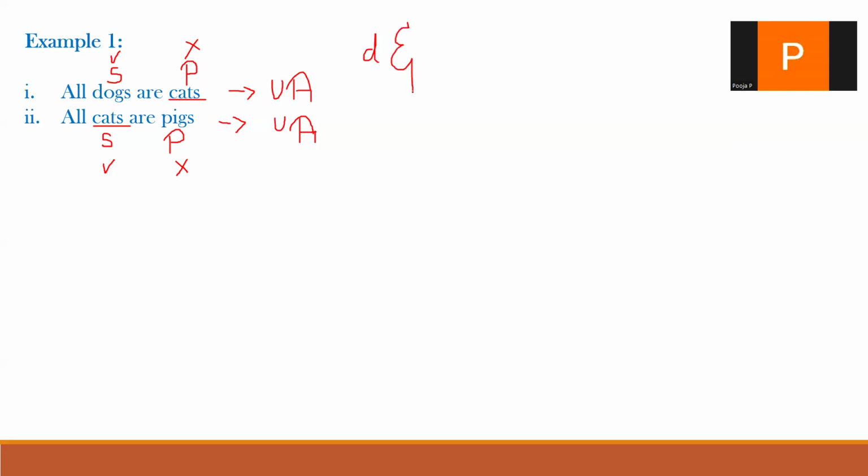Why? Because cats is the middle term. So in dogs and pigs, dogs is distributed. Pigs are not distributed. In this case, dogs should be your subject, or it should follow the same order. Premise 1, whatever element you get will be your subject.